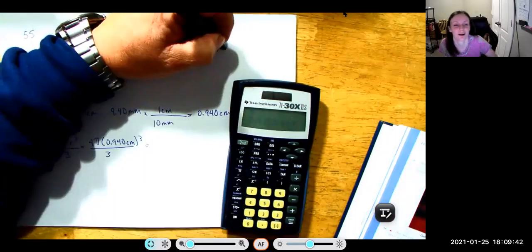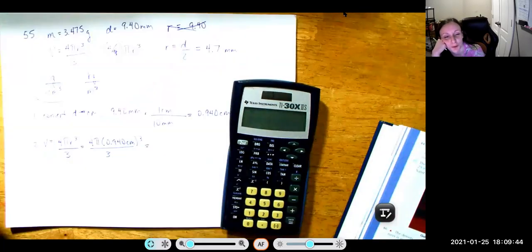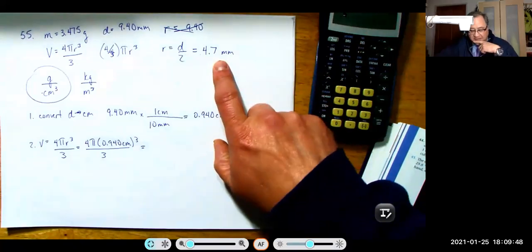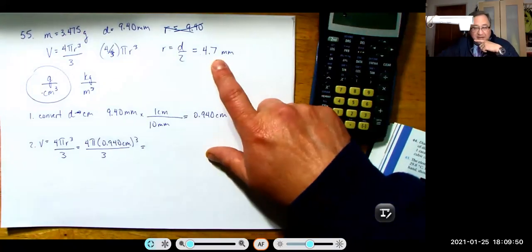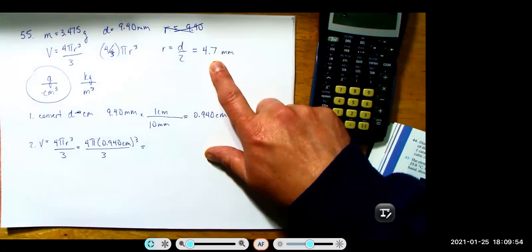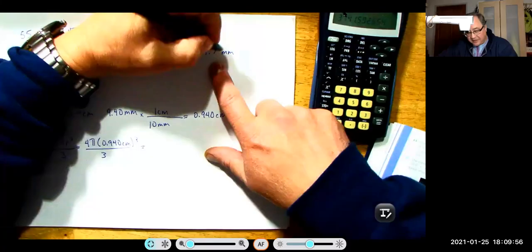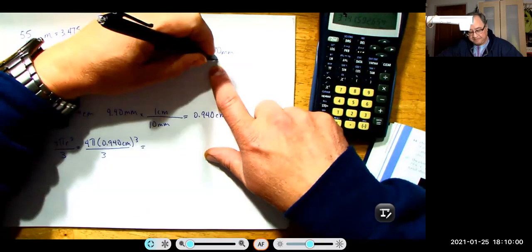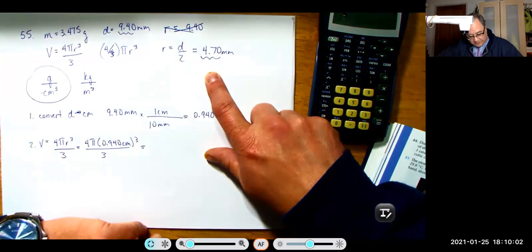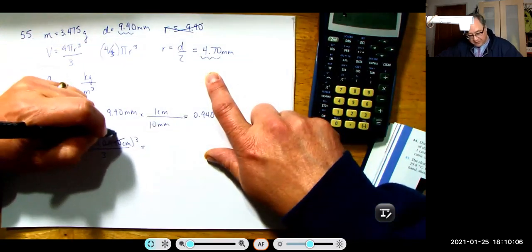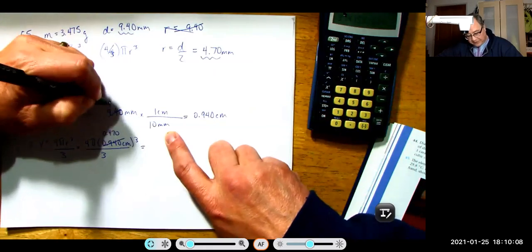Now, I think I already know where I went wrong with my decimal points. I didn't convert. Now let's take a look. What mistake did I make? You need a 0. I need a 0 here because this has 3 sig figs, and so should this. So now I can fix this up. 0.470.